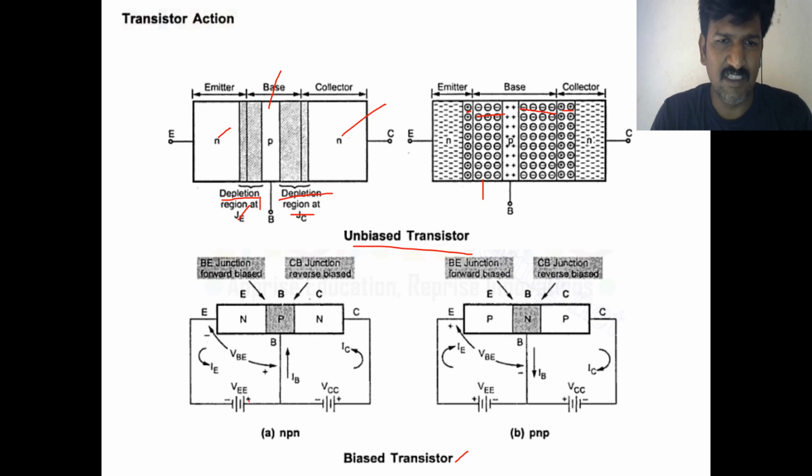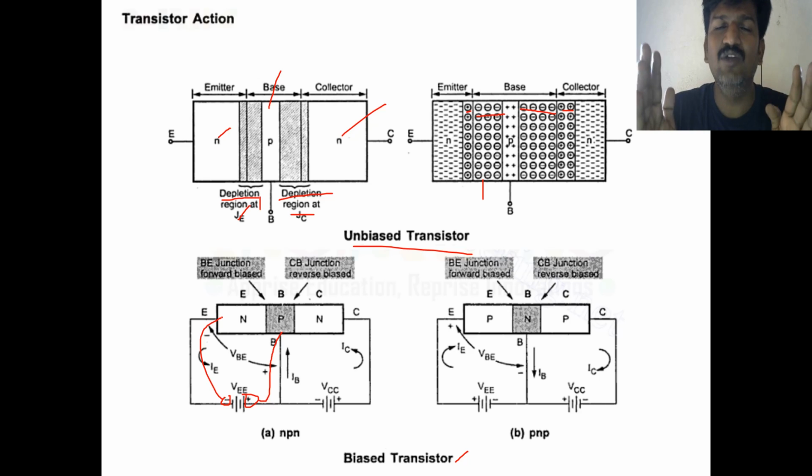You should remember this one: plus is connected to the p material, minus is connected to the n material. I already stated that when you have plus voltage at the p-type material and minus voltage at the n-type material, the diode is going to become forward biased.